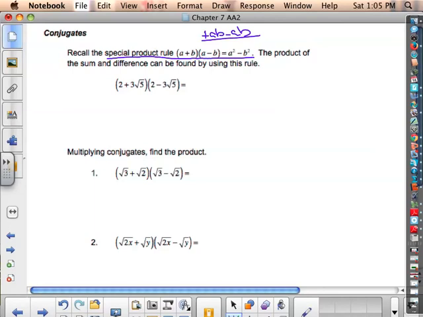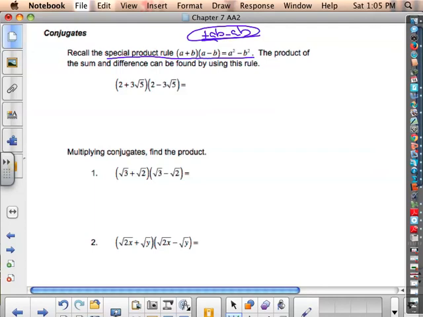The same rule is going to apply when we're looking at radicals. Multiplying a term that has both a real number and a radical by its conjugate, when you FOIL, you get those middle terms being positive and negative.